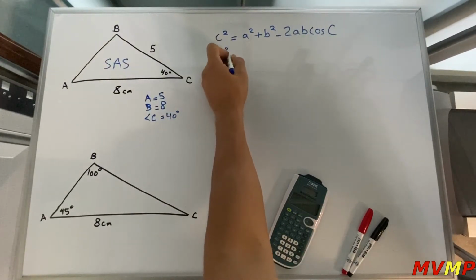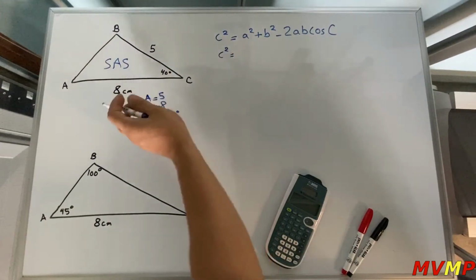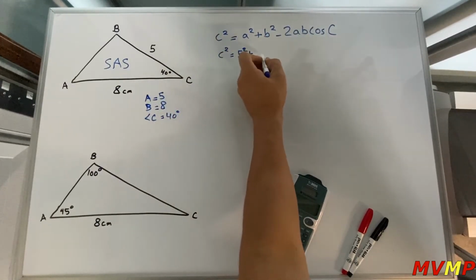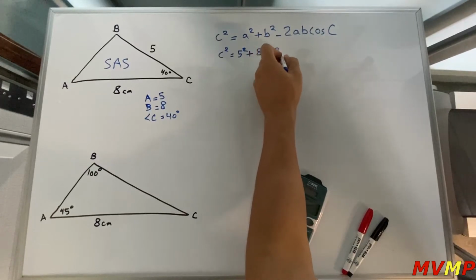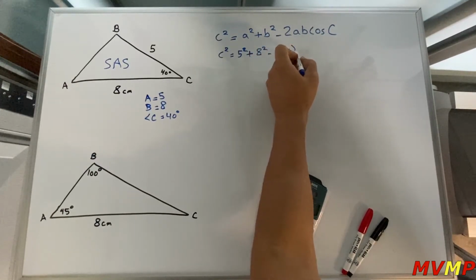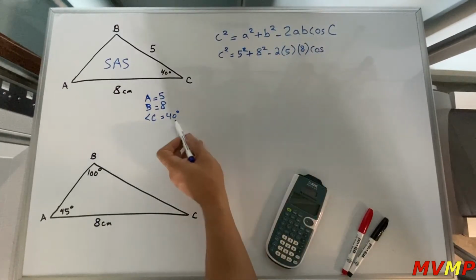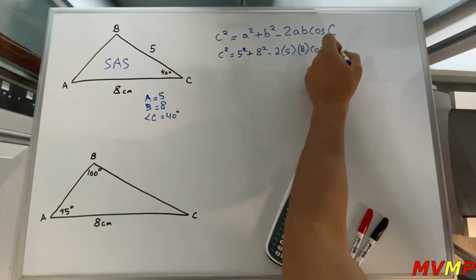So we go ahead and we do c squared equals a squared plus b squared minus 2 times a times b, and we have cosine of 40 degrees.